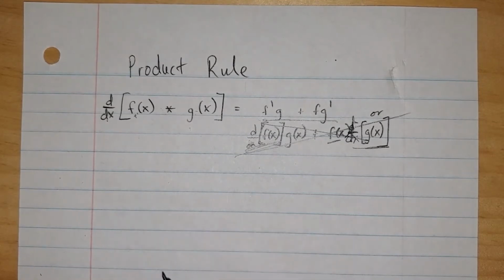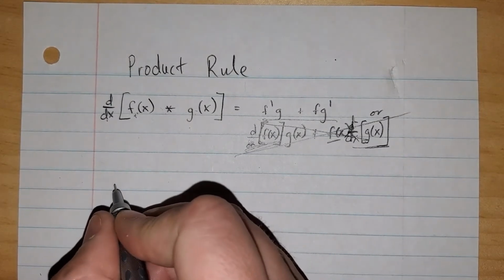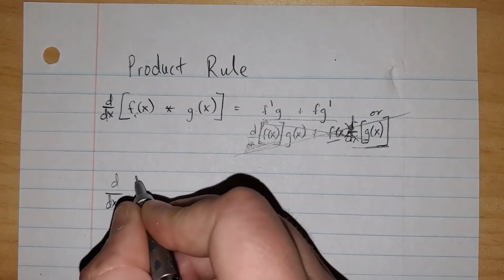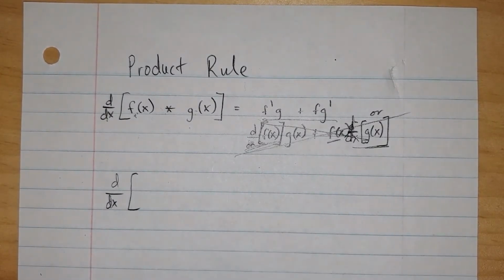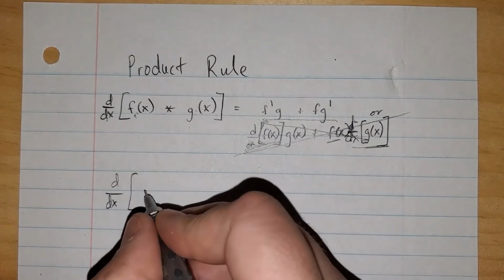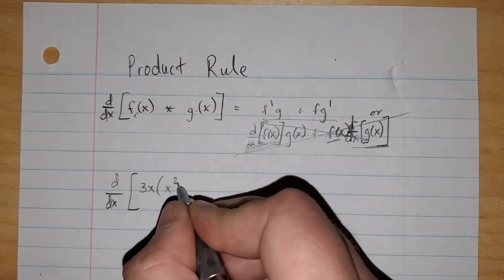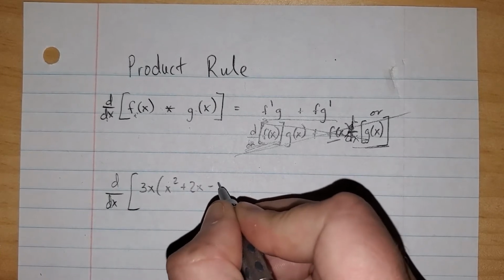Okay? So I'm going to take a particular function here, and we're going to say take the derivative of 3x times x squared plus 2x minus 4.